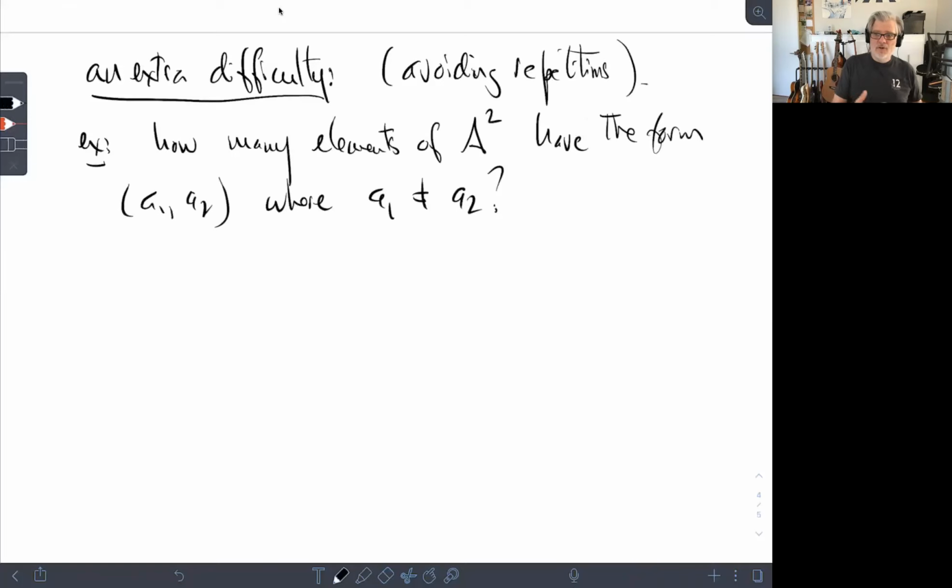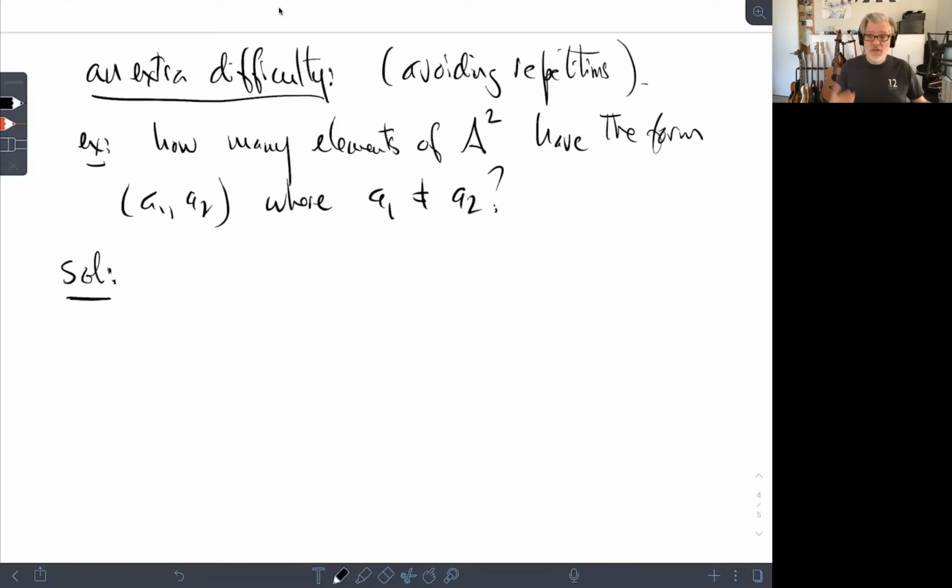Okay, and I'm going to use this example. I mean, it's a sort of theoretical looking example, and I'm going to use it to illustrate a useful counting trick. Well, actually two different counting tricks.